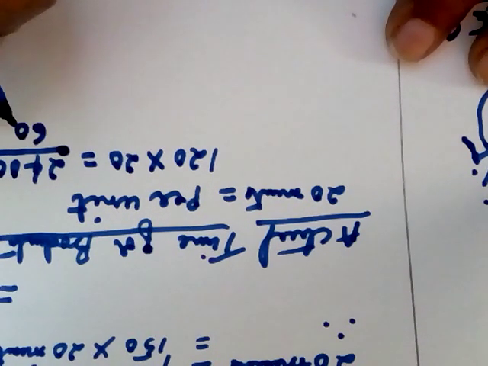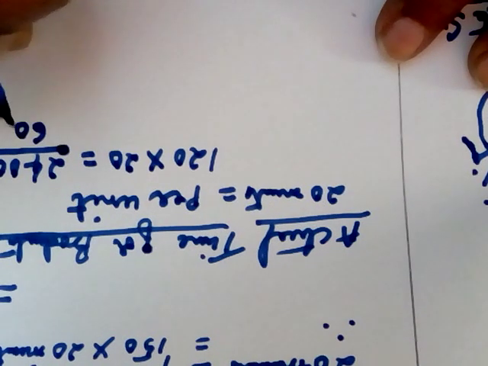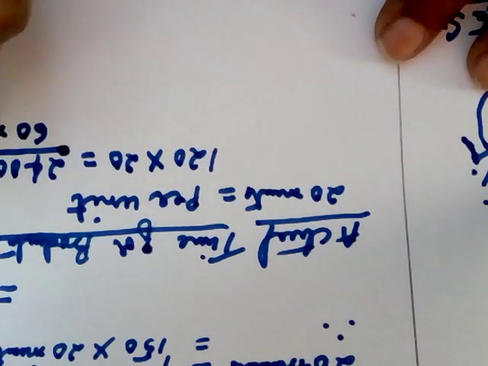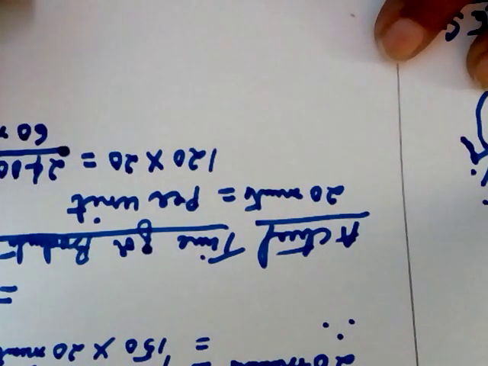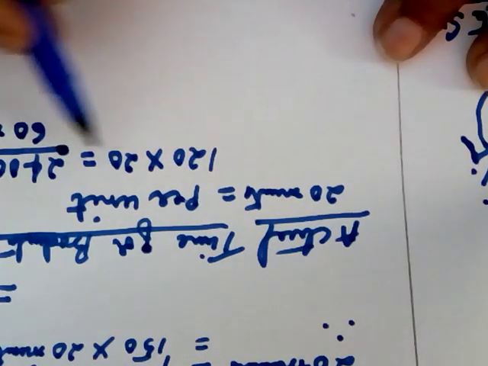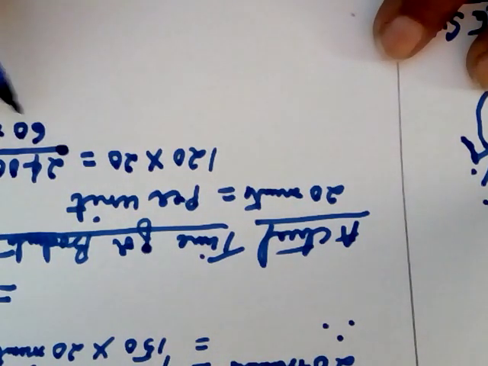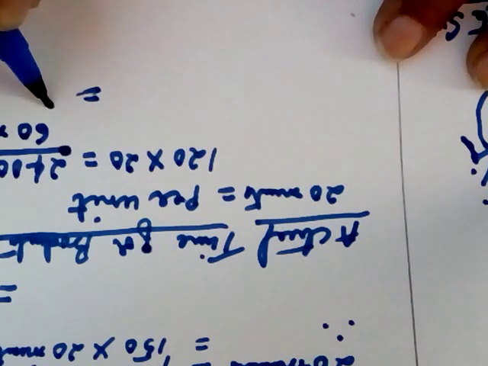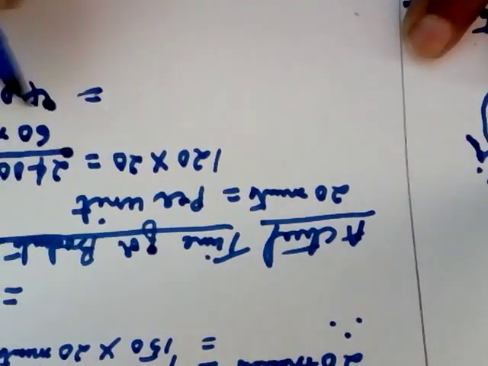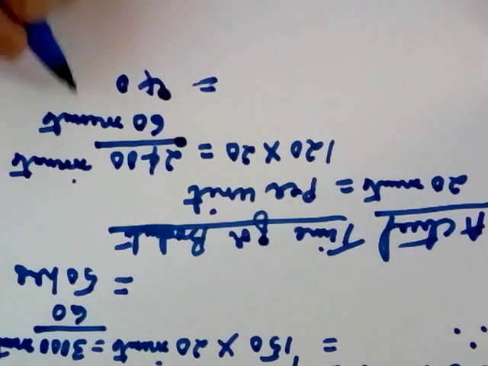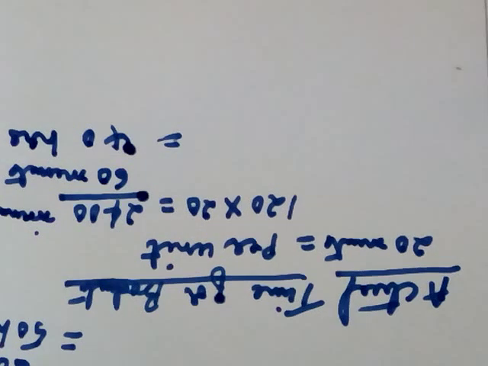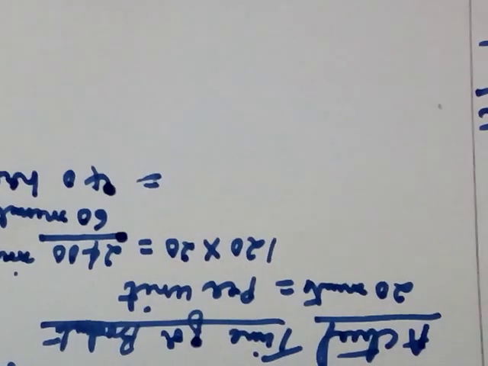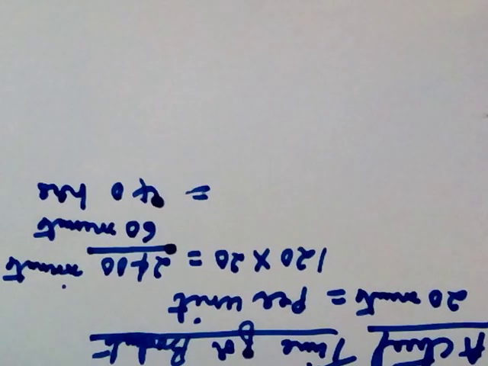These minutes can be converted into hours by dividing by 60 minutes. Here the actual time taken comes to 40 hours.